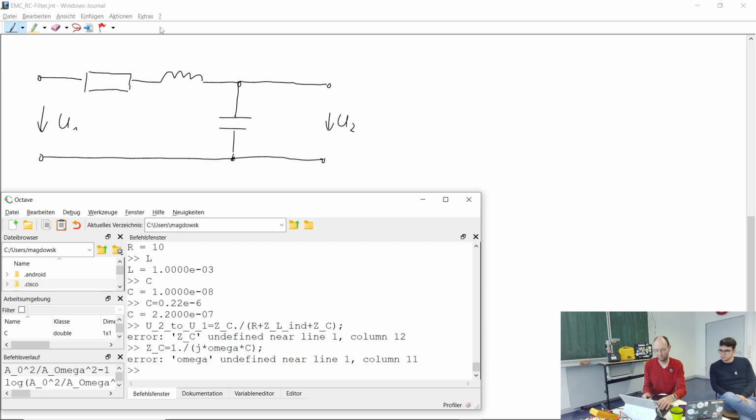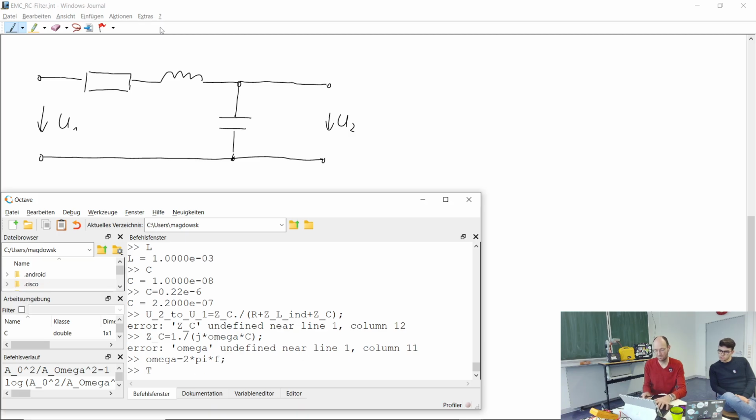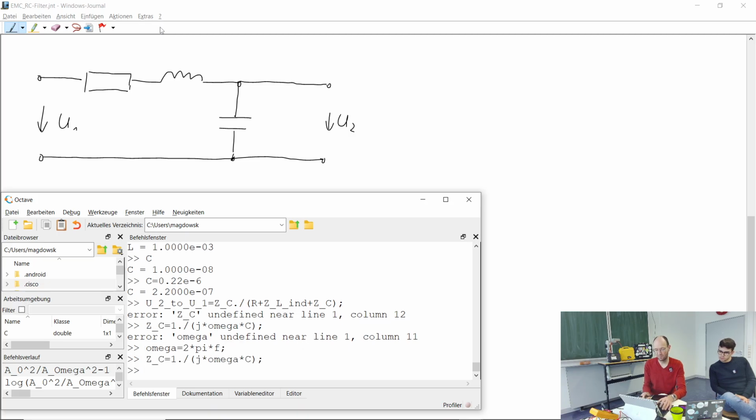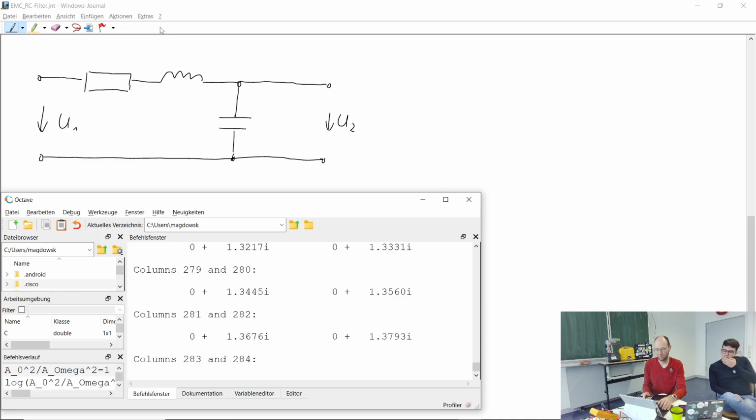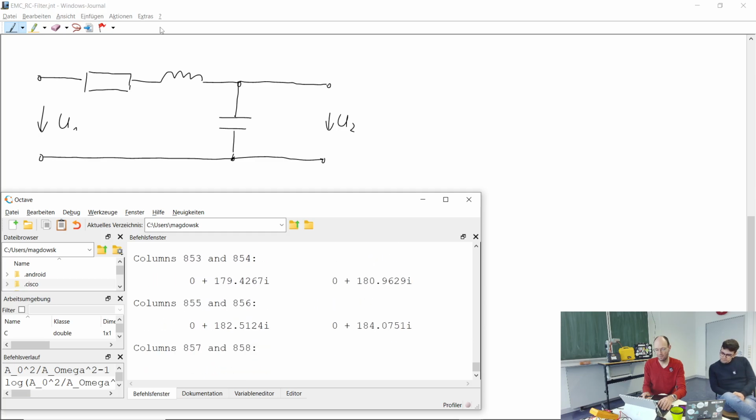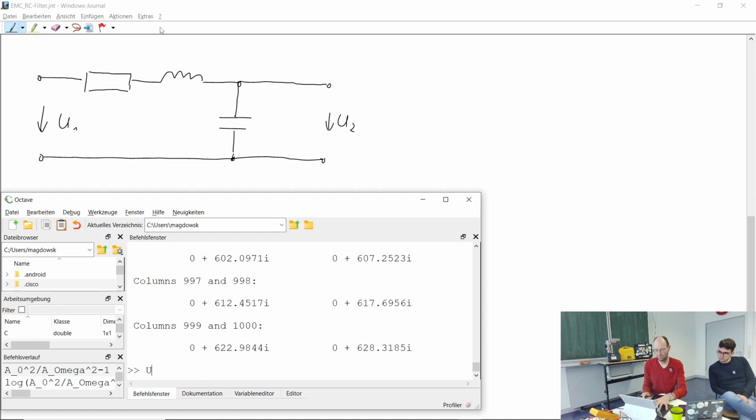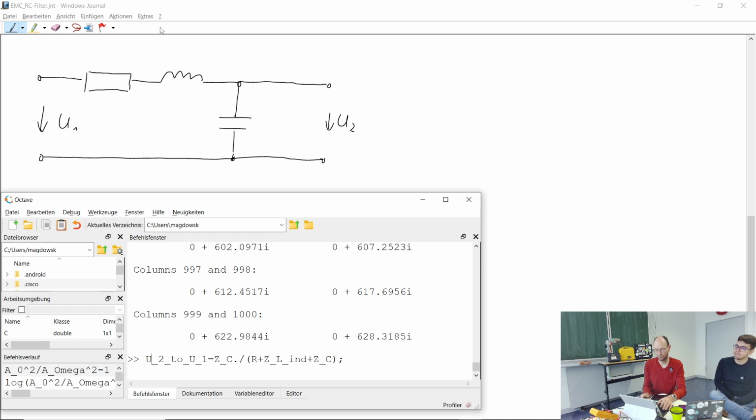And omega is not defined because I've not calculated it yet. So there's our omega. There is ZC. There is ZL of the inductor, which is j times omega times L. Okay. And this is our transfer function.